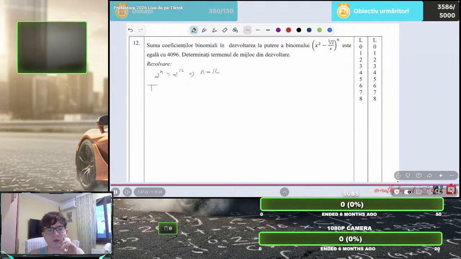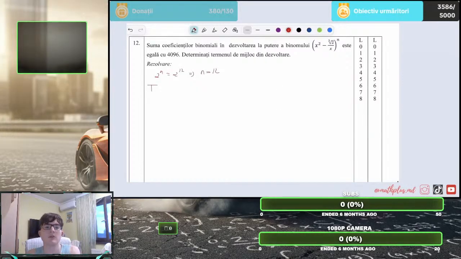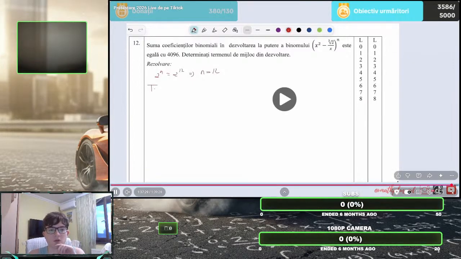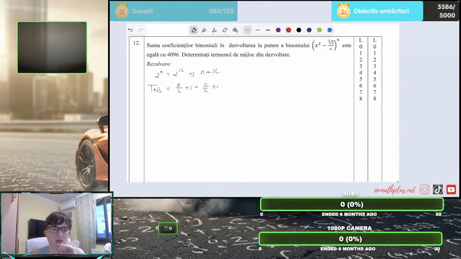So, n is 12. I got that right. And now let's try to solve it. T of k plus 1 with k equal to n divided by 2 plus 1, so it's actually this, which makes sense because we don't have anything else to get k, so we get k like this.